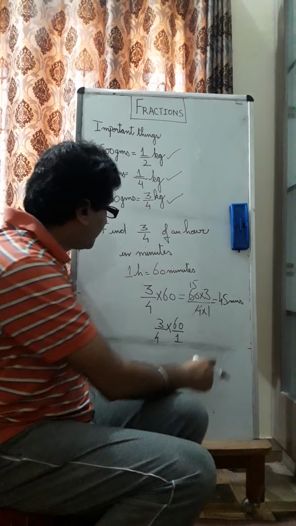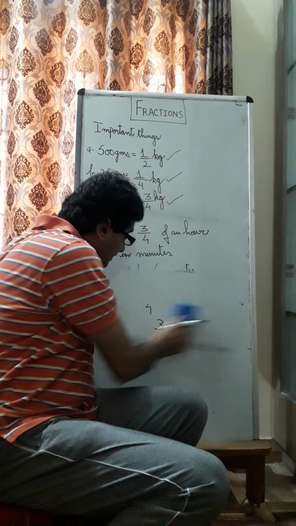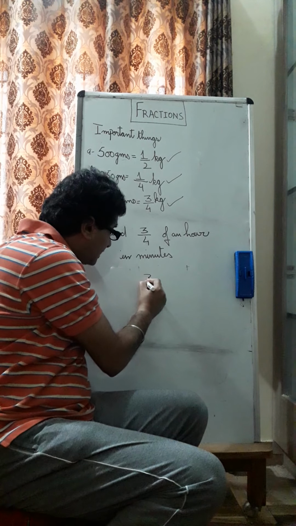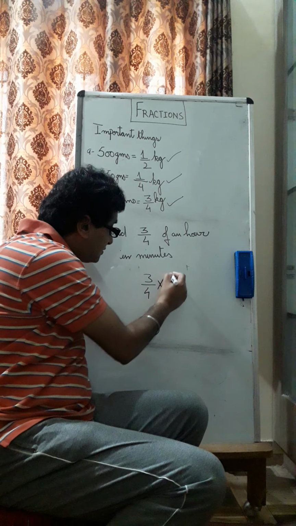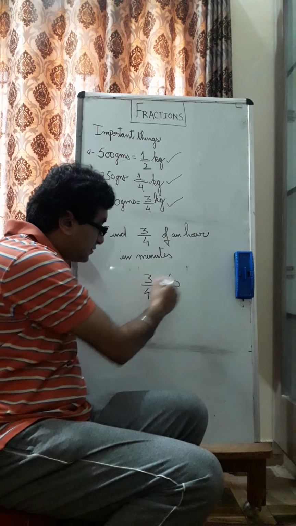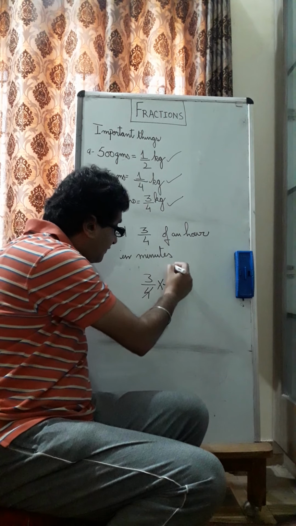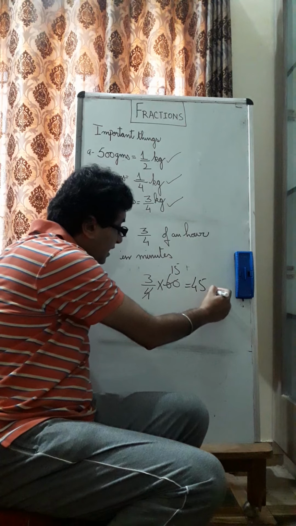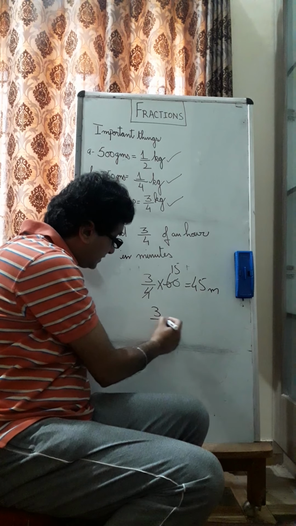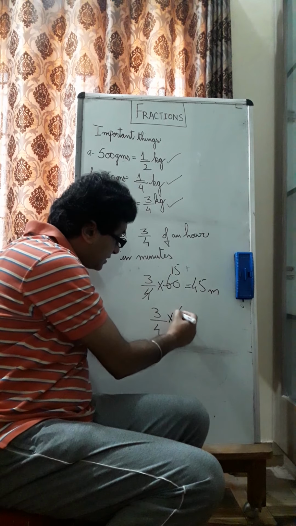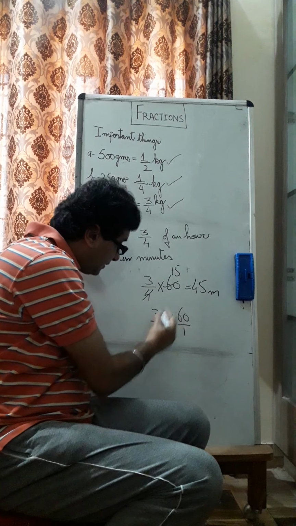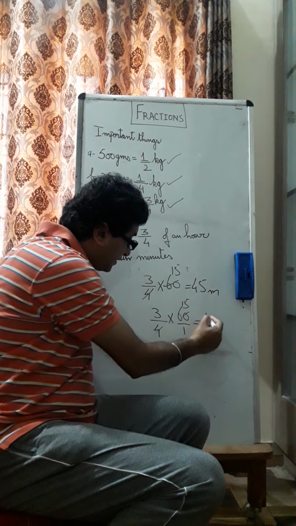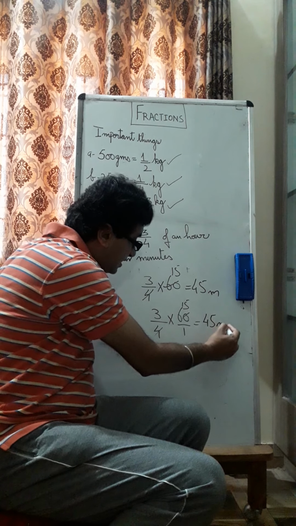So that is important. If you are getting confused over here, just let me show you. You can write this 3 by 4 into 60 like this, one way, and you just divide and you get the answer. 4 15s are 60, 15 3s are 45, right? So 45 minutes. You can do it like this, 3 by 4 into 60 over 1, right? So 4 15s are 60, 15 3s are 45, so 45 over 1 is 45 minutes.